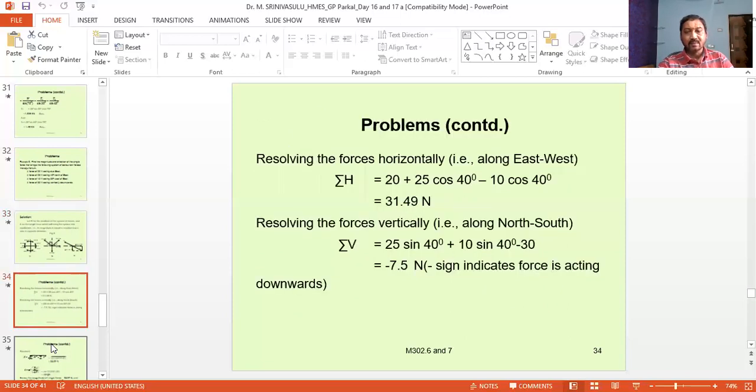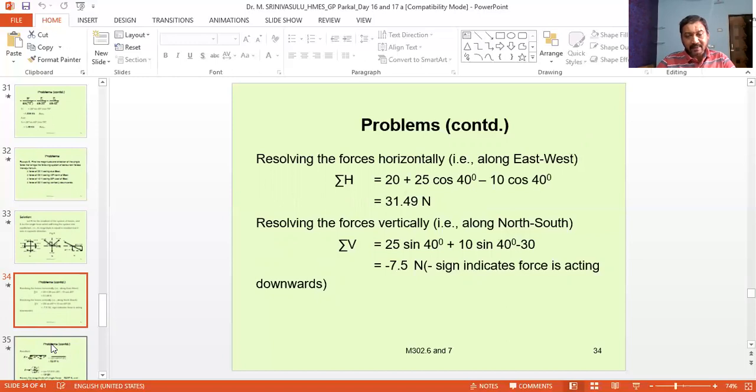That's all. So the value is 31.49 newtons. Next, resolving the forces vertically and finding the algebraic sum.